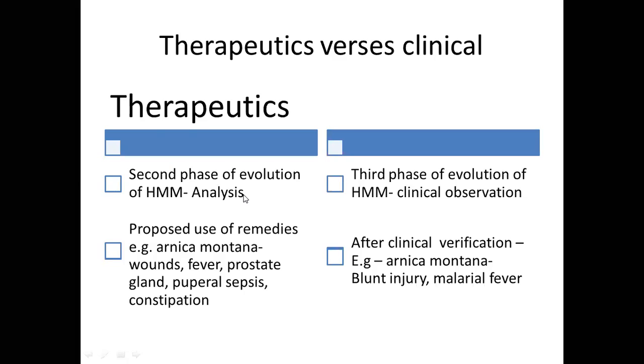So whenever, say for example, an analysis of Arnica montana is going on, and in that analysis they have found that certain symptoms are similar to some diseases, accordingly they propose Arnica montana as a good remedy.